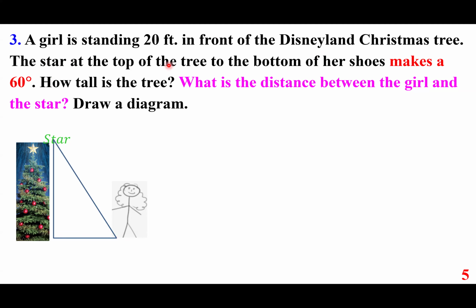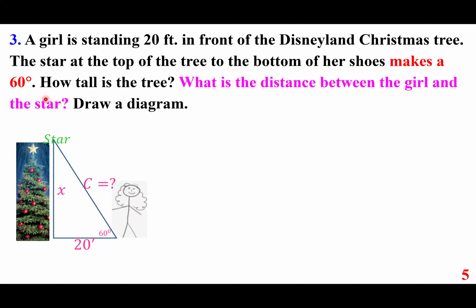They start at the top of the tree to the bottom of it and it makes a 60-degree angle. So this is 60 degrees. This is 20 feet. So we want to find the distance C here. Well, this height is X. I'm defining all kinds of variables.